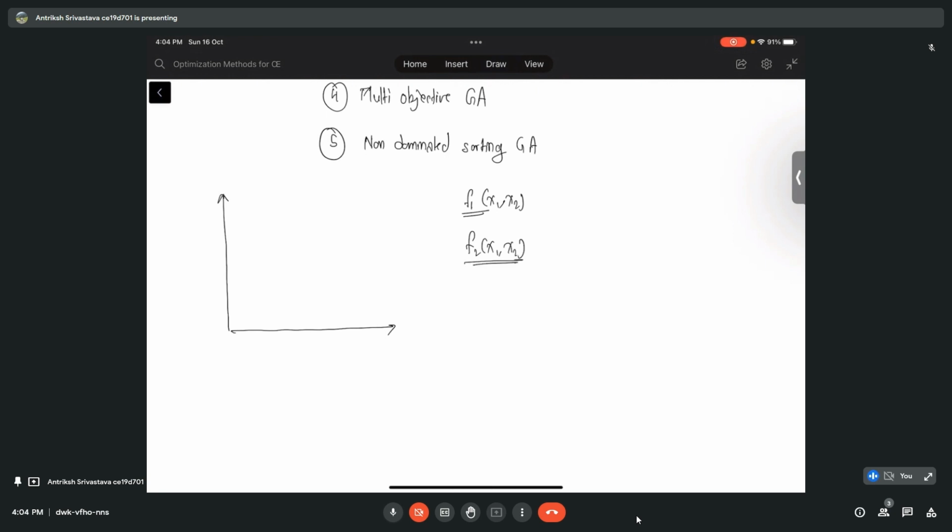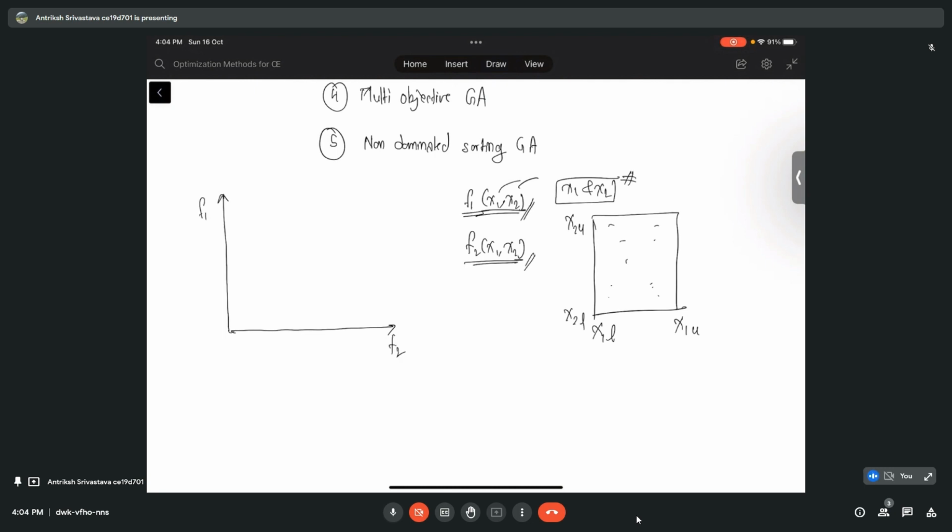To know whether we actually need a multi-objective function, you choose a random space of x1 and x2 within the search domain, like x1 lower limit, x1 upper limit, and x2 lower limit, x2 upper limit. You generate some random points, calculate the values of f1 and f2, then plot them. Let's say we have f1 on the y-axis and f2 on the x-axis.